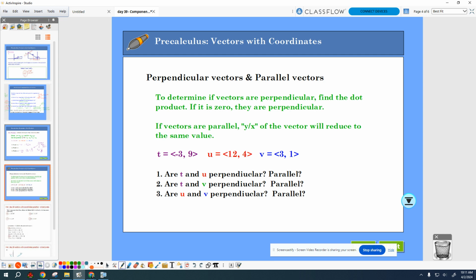Negative 3, not 12. 36. Minus 9. Negative 36 plus 36 equals 0. That means they're perpendicular.